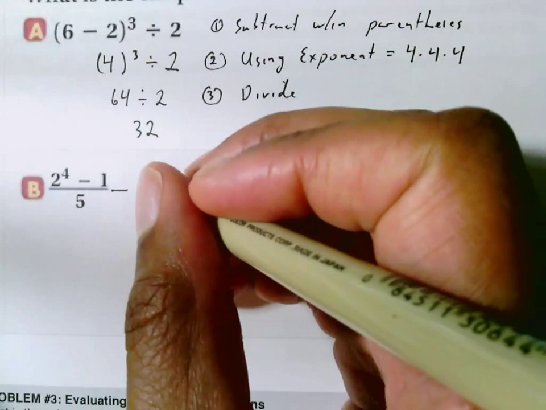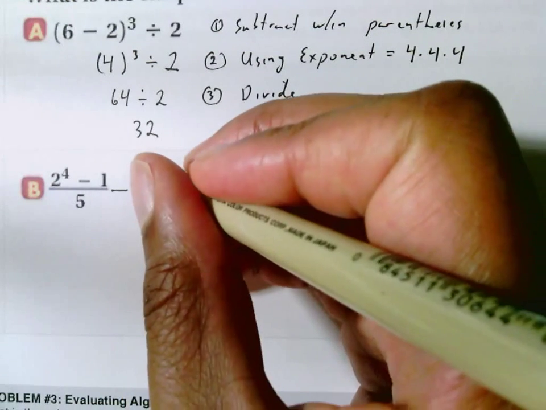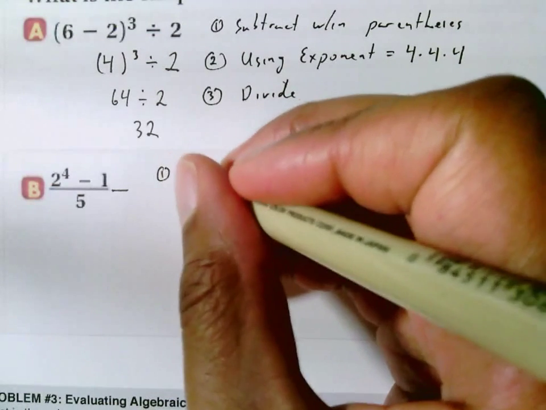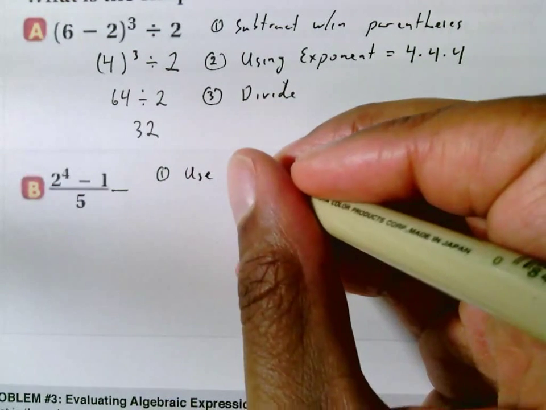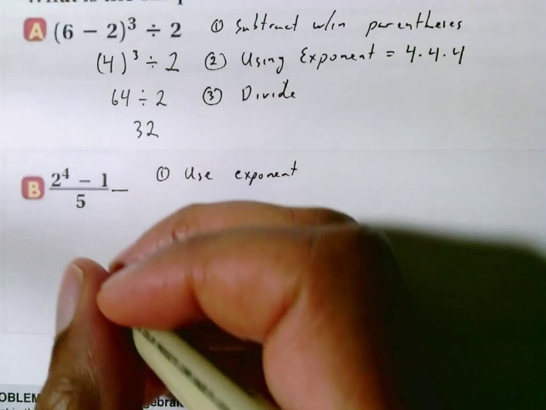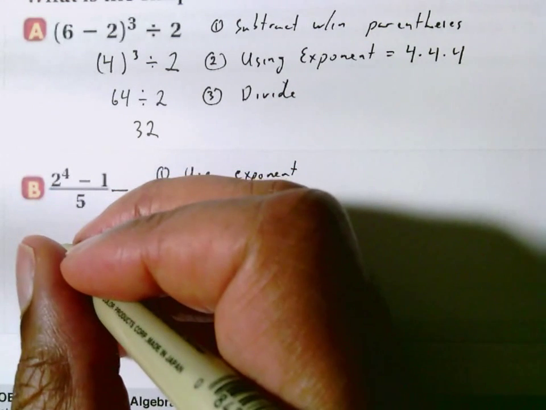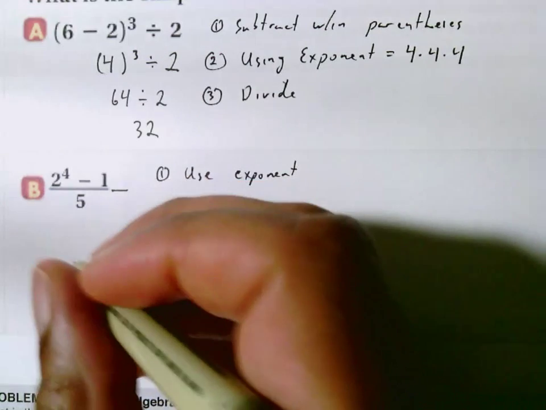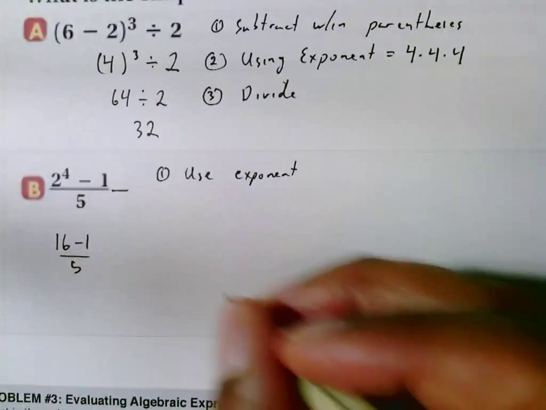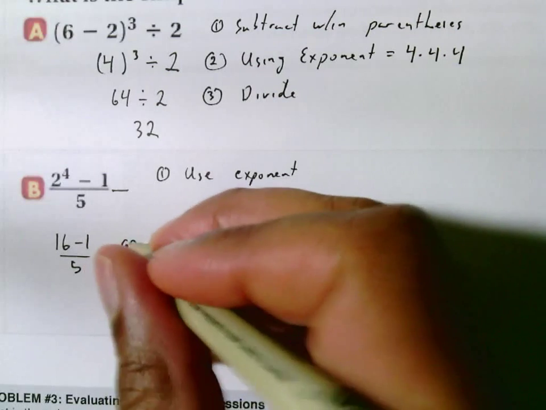So in the numerator, I see that we have an exponent. So I'm going to use the exponent. If I do that, 2 to the 4th power gives me 16. And then I'm going to subtract.